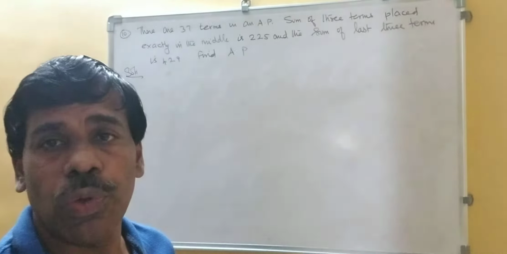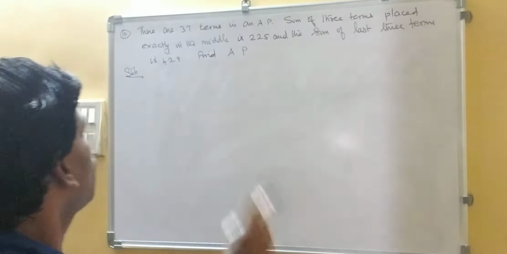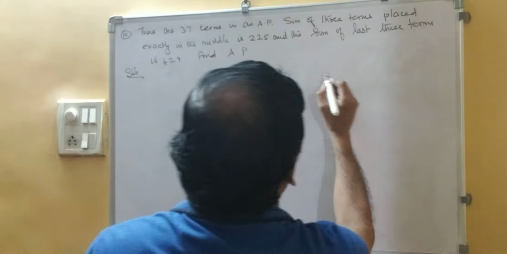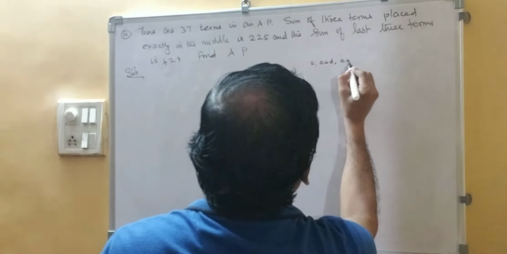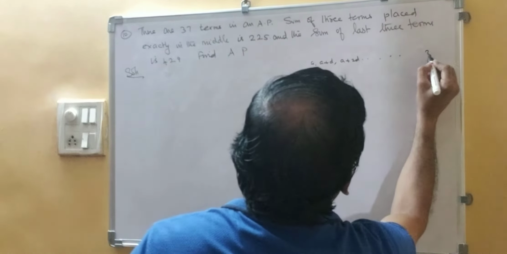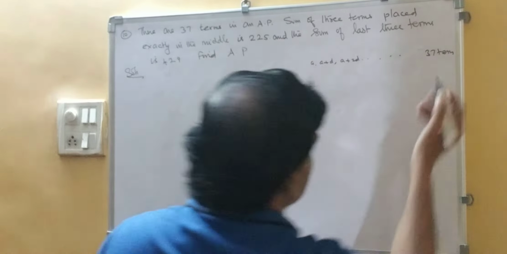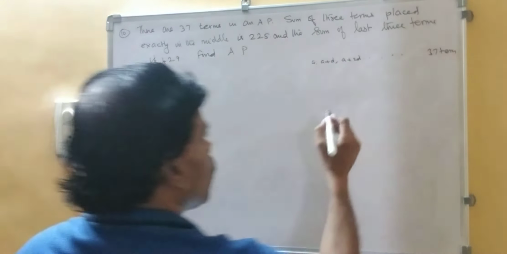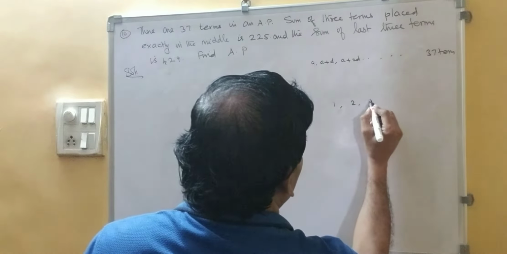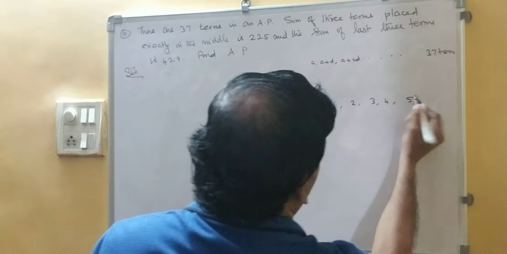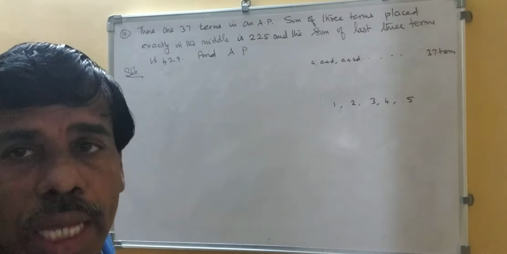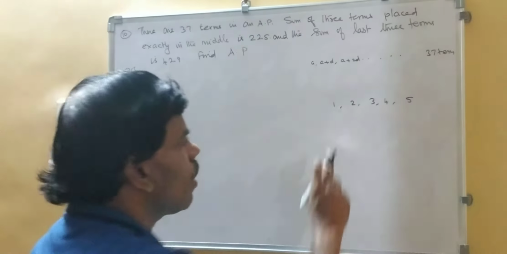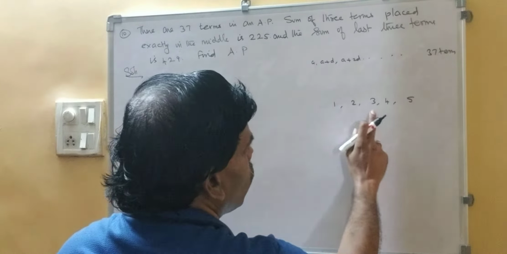Here, I ask you to read the sum very carefully. See, there are 37 terms in an AP. A plus D, A plus 2D, etc. up to 37 terms are there. Now, look at this. 1, 2, 3, 4, 5. How to find out the middle term of this sequence? How many numbers are there? 5.